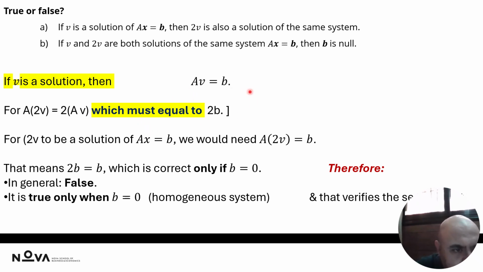If AV equals B, and I insert 2V, then I have A(2V), which is 2 times AV, and this must equal 2B. While the question is asking if AX equals B and V is a solution, then 2V is also a solution, which is a contradiction. It will happen only when B is equal to 0, that is, a homogeneous system. And it is already in front of you.